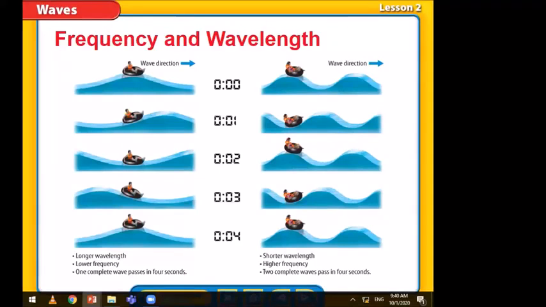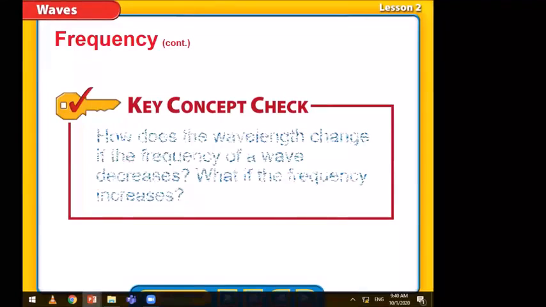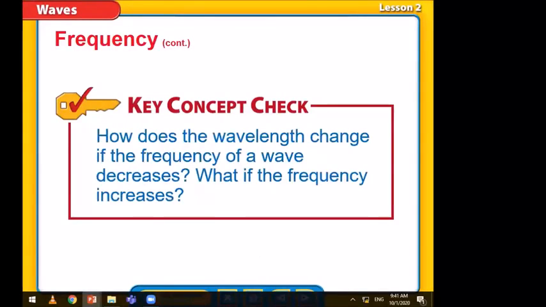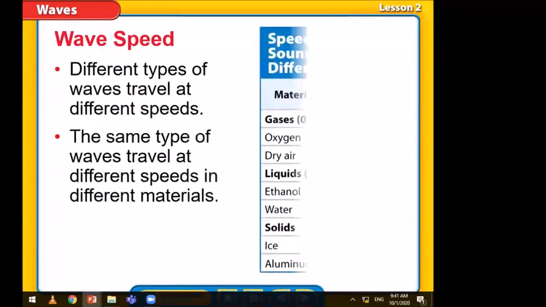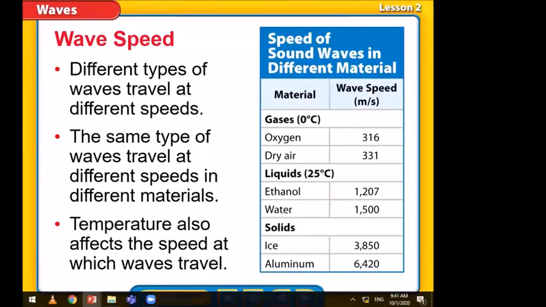So how does the wavelength change if the frequency of a wavelength decreases? In the first example, we have less frequency, or lower frequency, if we can say. That means we'll have longer wavelengths.